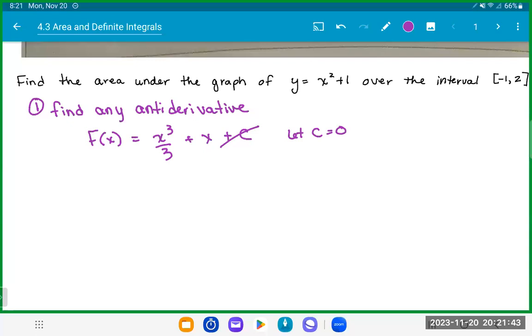Okay, now the second thing we want to do is substitute 2 and -1 and find the difference.